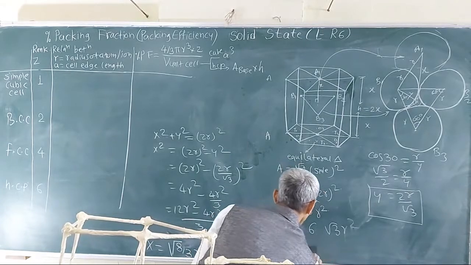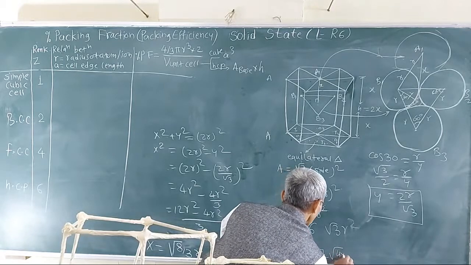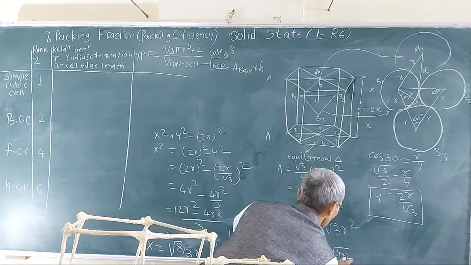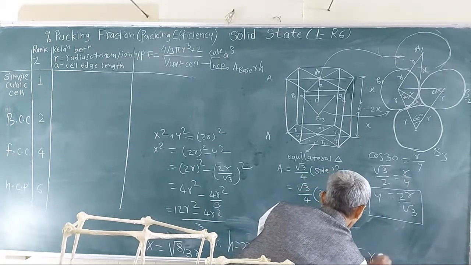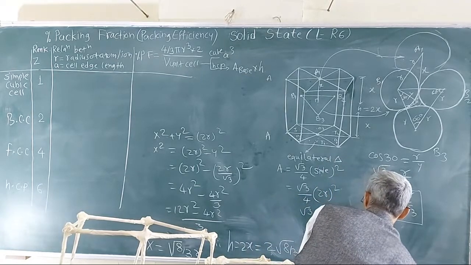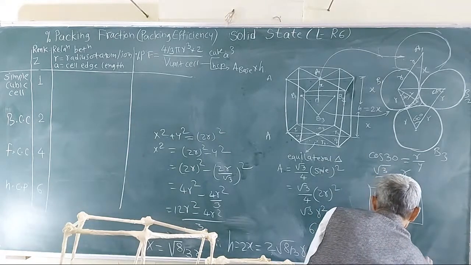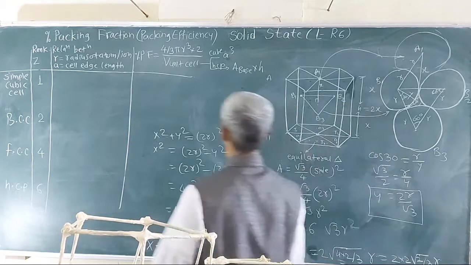This can be further simplified: 2 into square root of 2 upon 3, times r.